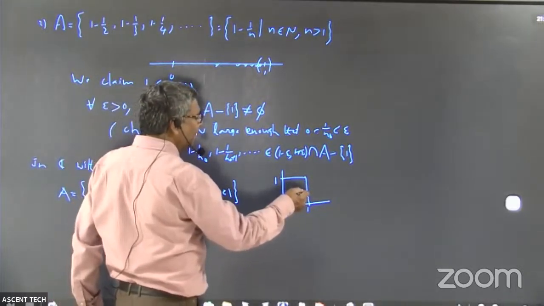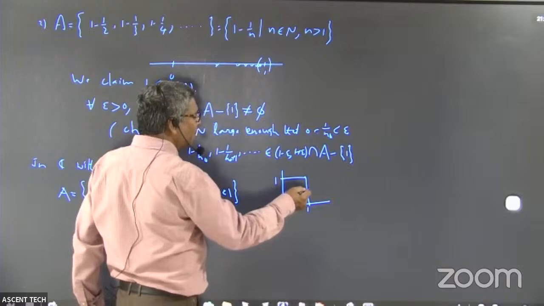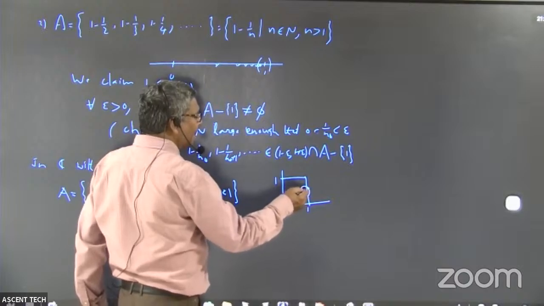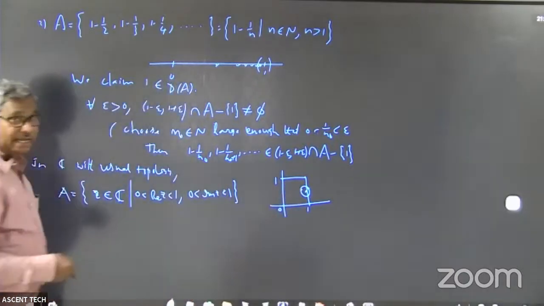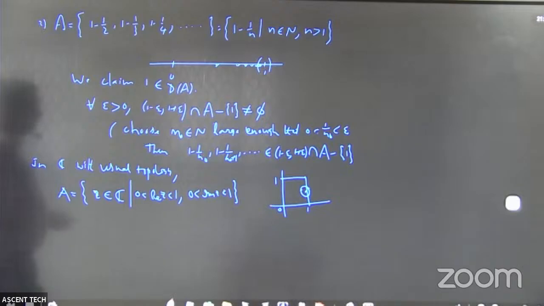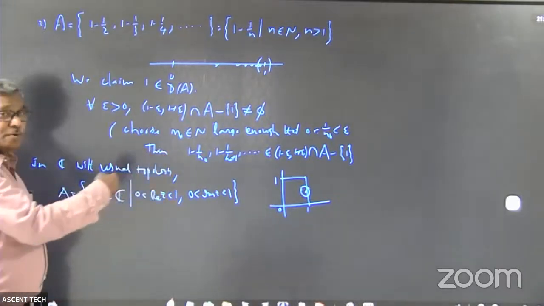This is a limit point, because no matter what circle I draw around it, other than that point, there are plenty of other things inside the set A. That's why every point on the boundary is a limit point.